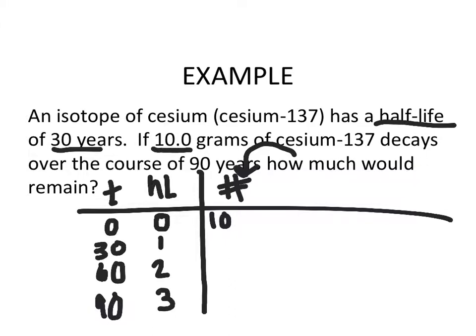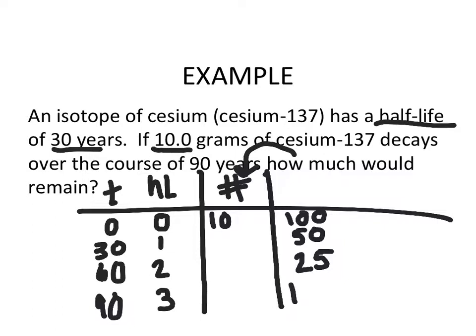We know that we are going to have 100% at 0, and then we divide by 2, so we would have 50% at half-life 1, we would have 25% at half-life 2, and we would have 12.5% at half-life 3, because each time we divide by 2.